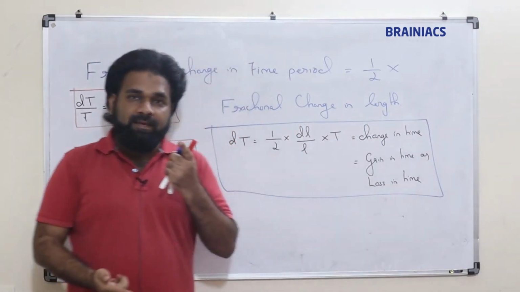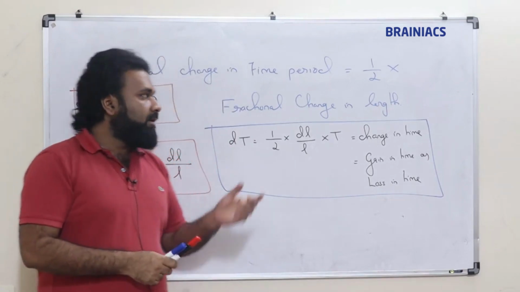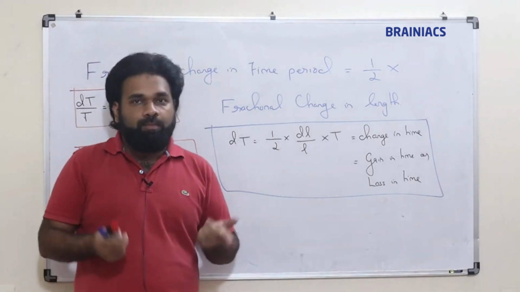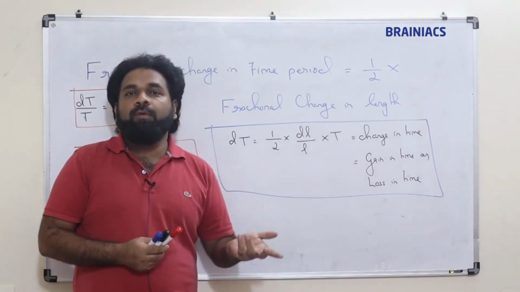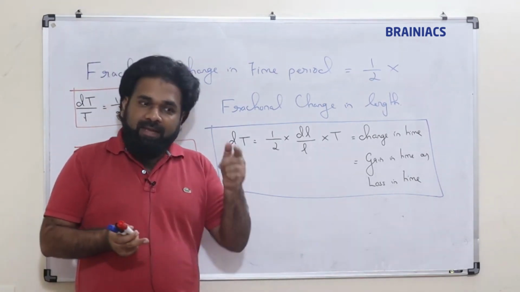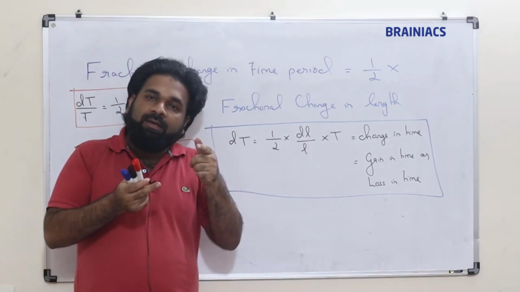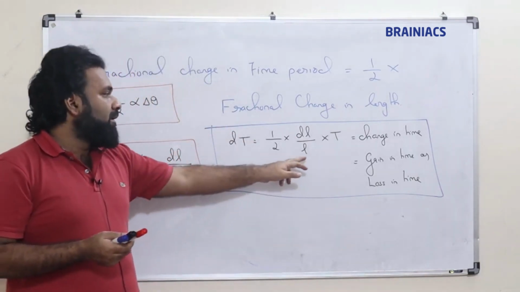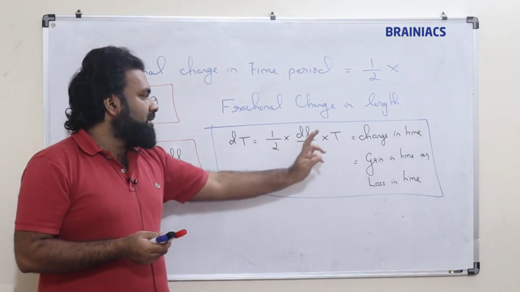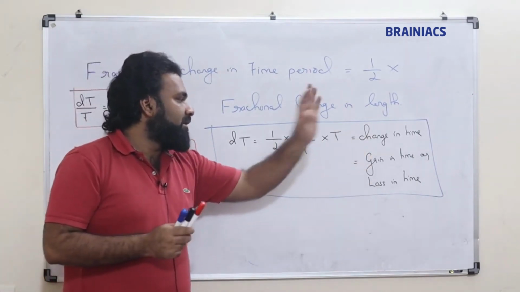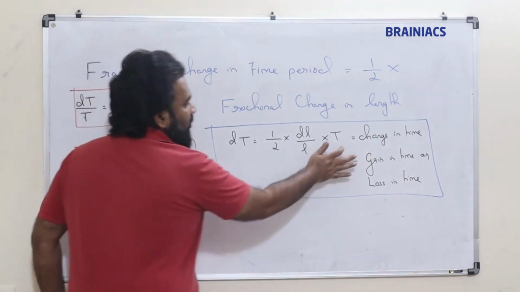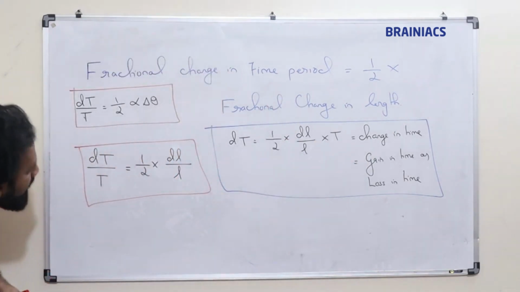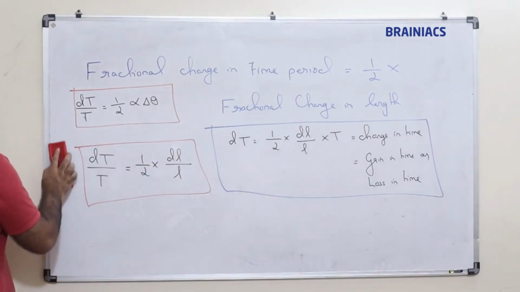If the length is increased, the time period will increase, and there will be loss in time. If the length is decreased, the time period will decrease and there will be gain in time. So based on whether it is increasing or decreasing, there can be gain or loss. That is nothing but change in time. For 1 hour we need to multiply with 1 hour, for 1 day we need to multiply with 1 day. Clear?